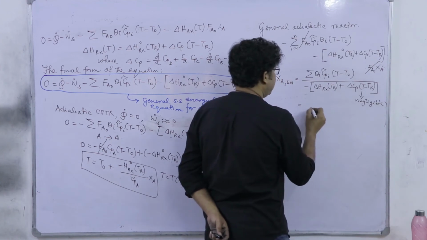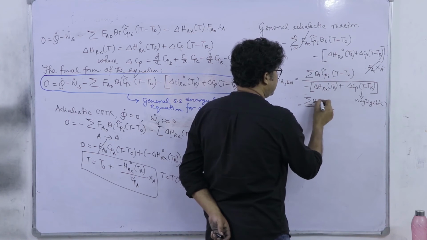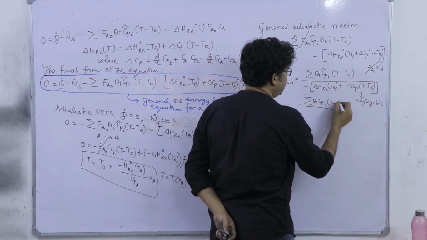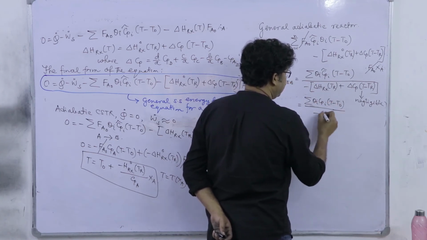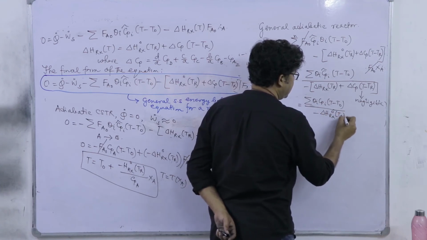So we can safely write it as summation θ_i Cp_i (T minus T_0) divided by minus ΔH_Rx° at T_R.